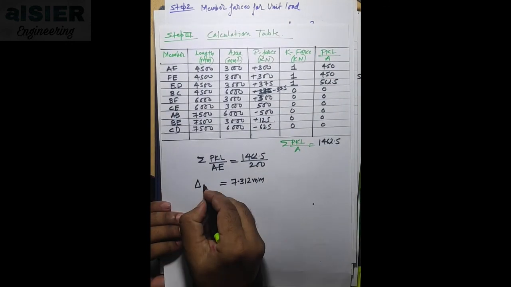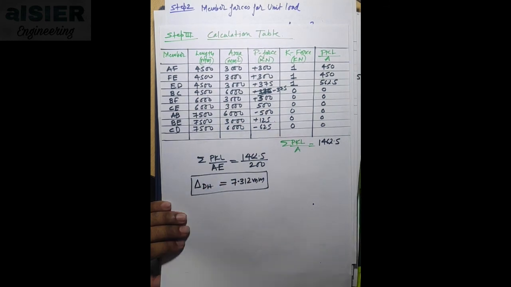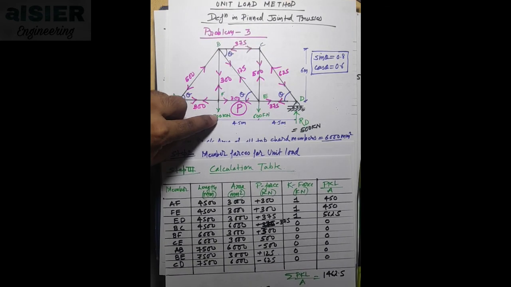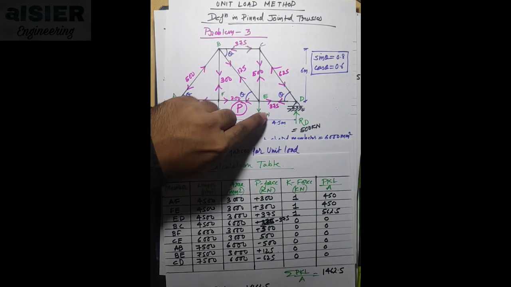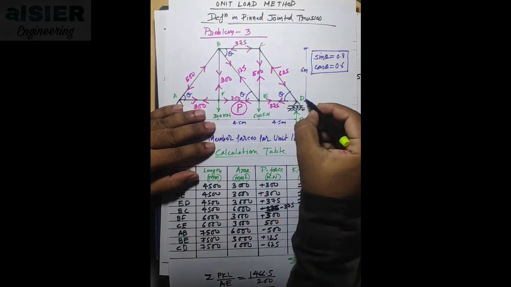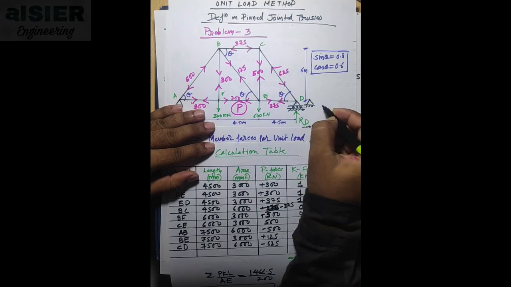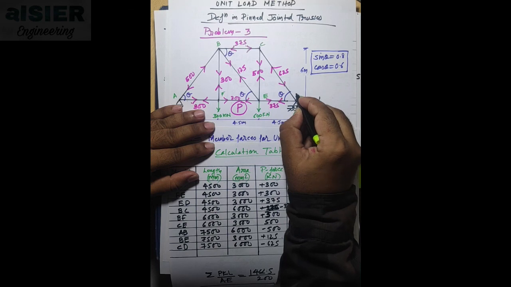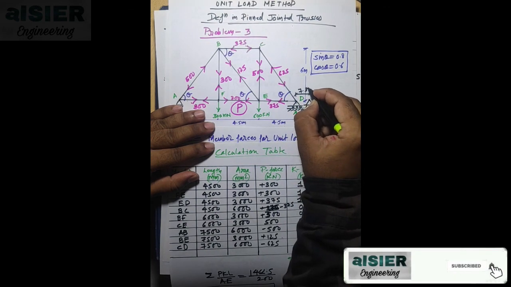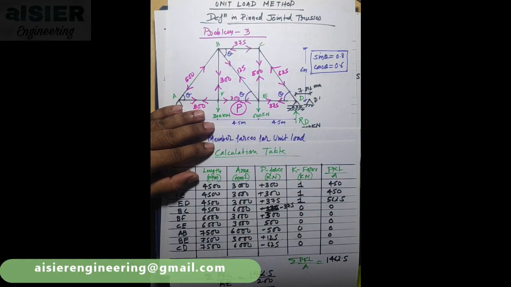What does it mean? It means that due to this load of 300 kilonewton and 600 kilonewton, this roller D will move from this point to this point, let us say D dash, and this distance is nothing but 7.312 mm, which is due to the 300 kilonewton and 600 kilonewton horizontally.